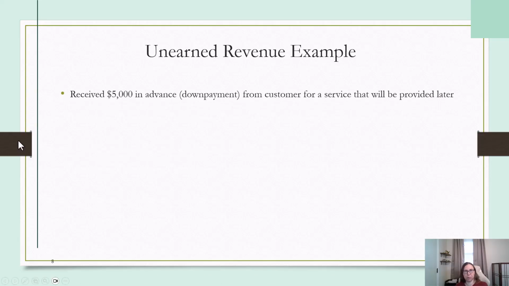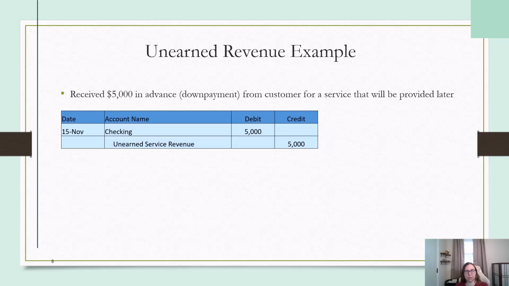Okay, so for example, if a company received $5,000 in advance as a down payment from a customer for a service that will be provided later, they would record that as a debit to checking and a credit to unearned service revenue. And then at year end, they would probably be looking at the unearned service revenue account to determine if there was any amount of money in there that they had earned.